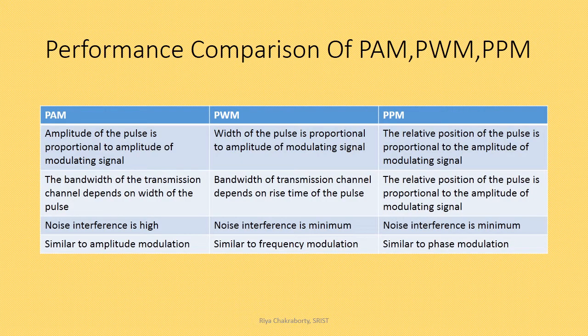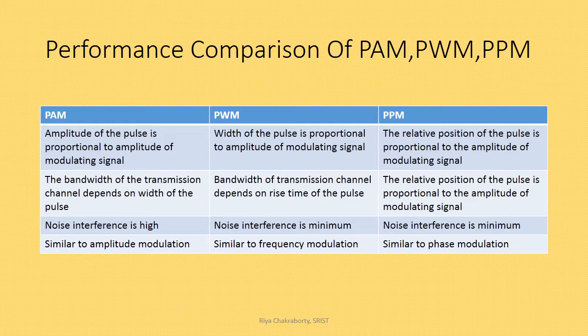And now the performance comparison of PAM, PWM and PPM. Amplitude of the pulse is proportional to the amplitude of the modulating signal in PAM, in PWM the width of the pulse is proportional to the amplitude of the modulating signal, and in PPM the position of the pulse is proportional to the amplitude of the modulating signal.